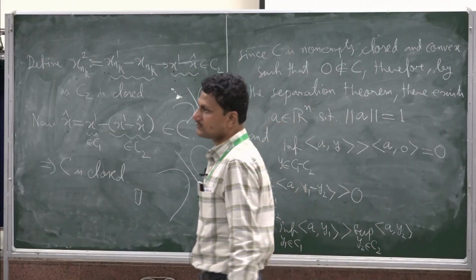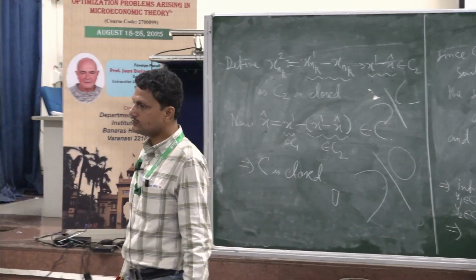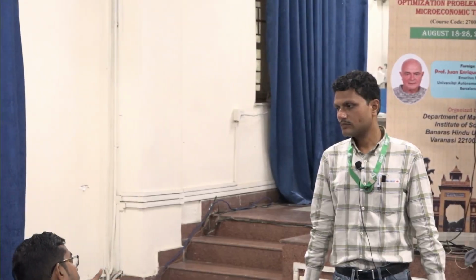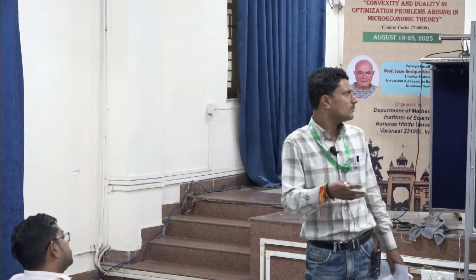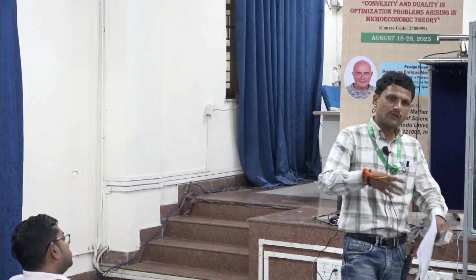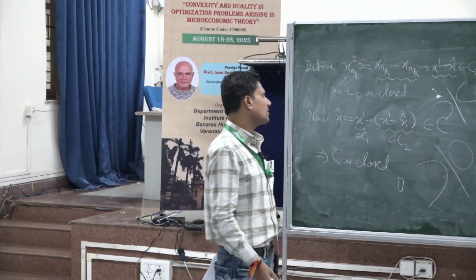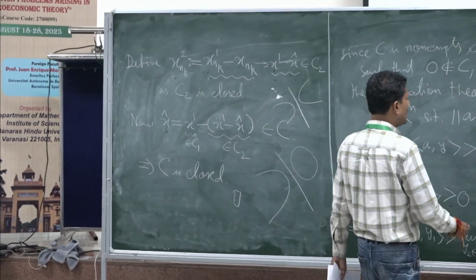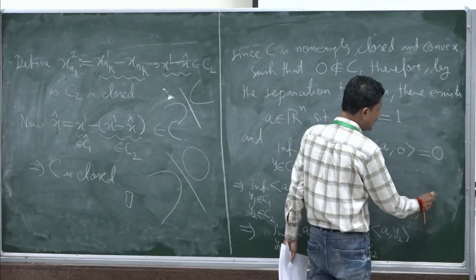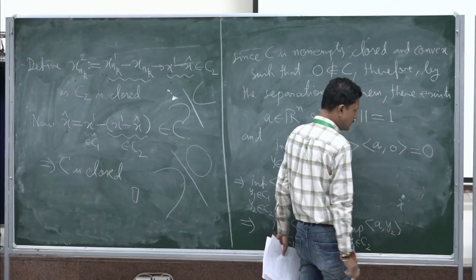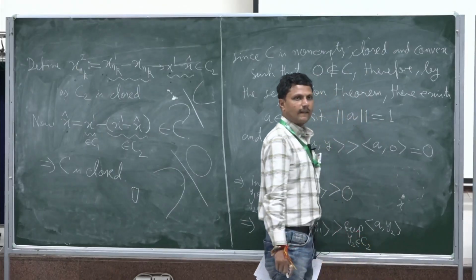Yes. In R2 you can. Yes. Cannot be separated. So these are two results of separation, but there are some more results related to separation. For example, what will be the case if the set is open and the point is on the closure of that set, right?